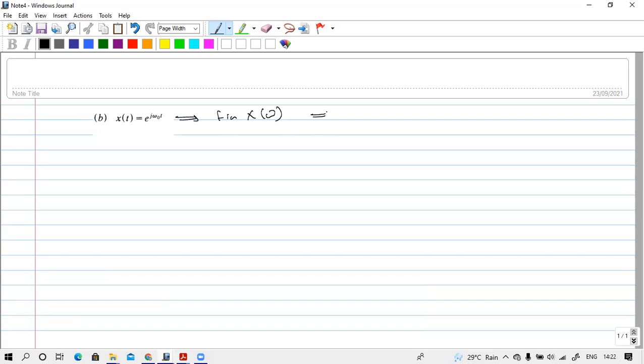You have seen that when we use the principal approach, we have e to the power j omega naught t and e to the power minus j omega t dt, from minus infinity to plus infinity. So this is the definition of the Fourier transform, the principal approach.